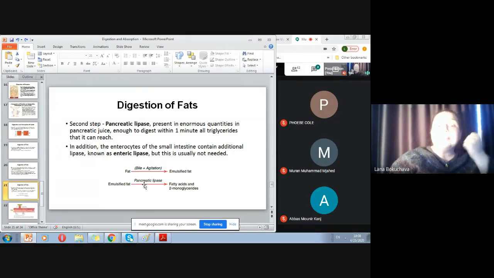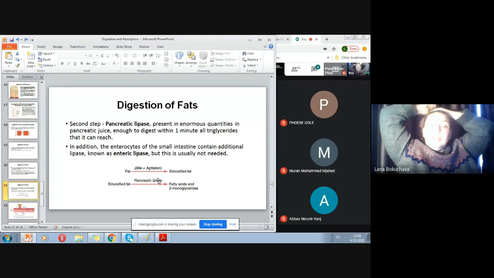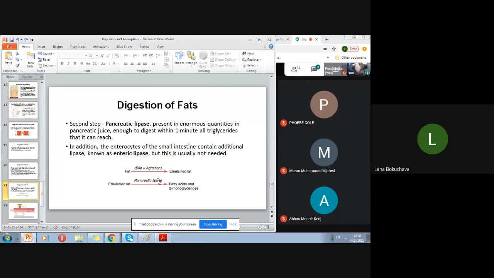As a result, what we have here, you see that after the emulsification of the fat, we do have the lipase activity, which mainly produces the fatty acids as well as the monoglyceride.